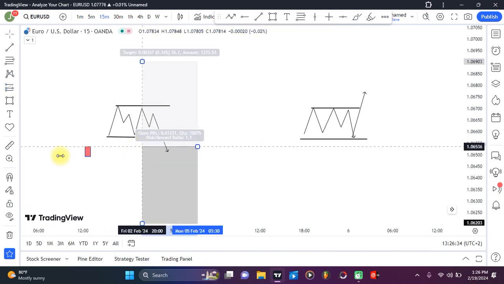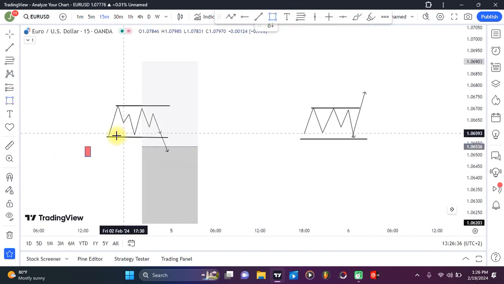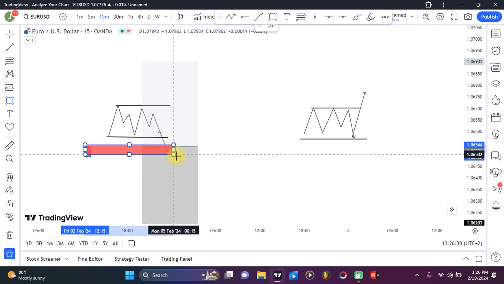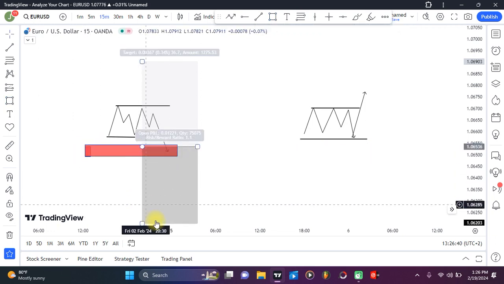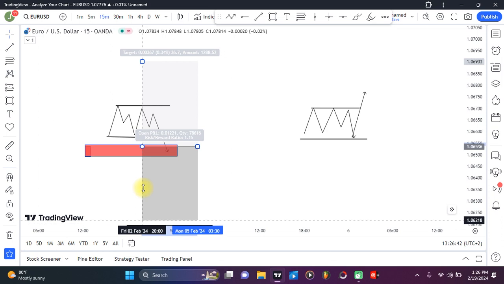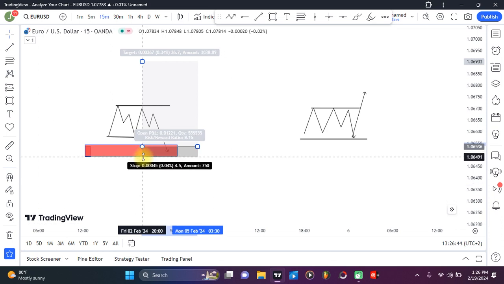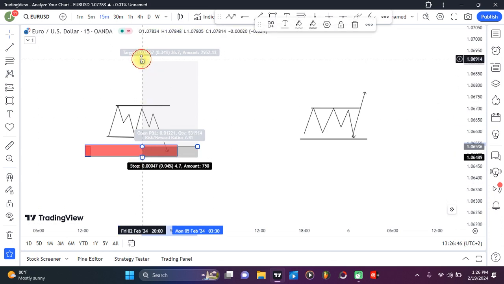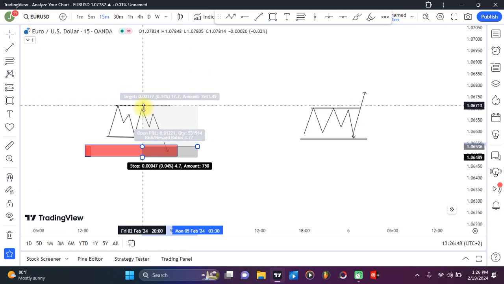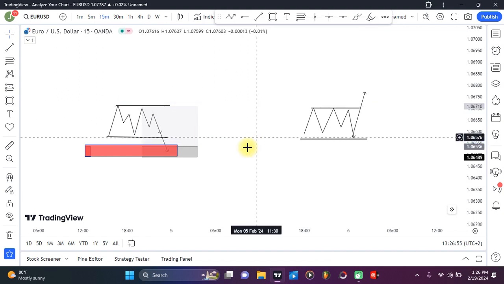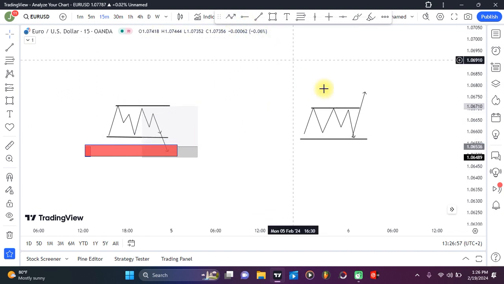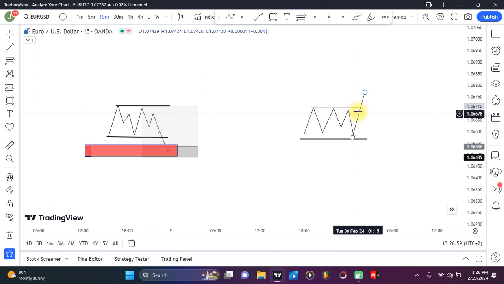So we're going to mark our order block like this, and this is where we take our buy trade, with stop loss just below the order block, and then our take profit is going to be exactly on the high of our Asian session. Okay, and then for selling opportunities, we wait for the market to break to the upside.